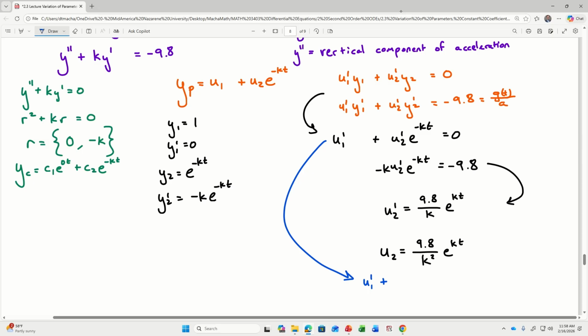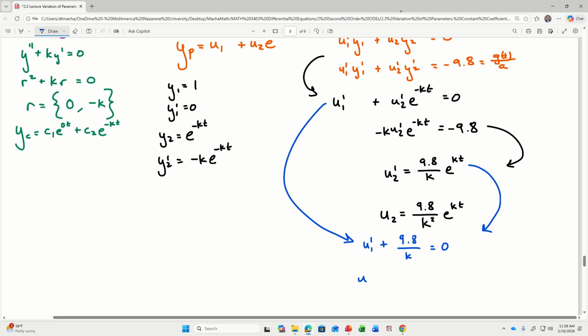I take the u2 prime anyways and plug it into the first equation. You don't need the u2. And then the e to the kt cancels with the e to the negative kt, and I get 9.8 over k equals 0, which means that u1 prime is negative 9.8 over k, and that means u1 is equal to negative 9.8 over k times t.